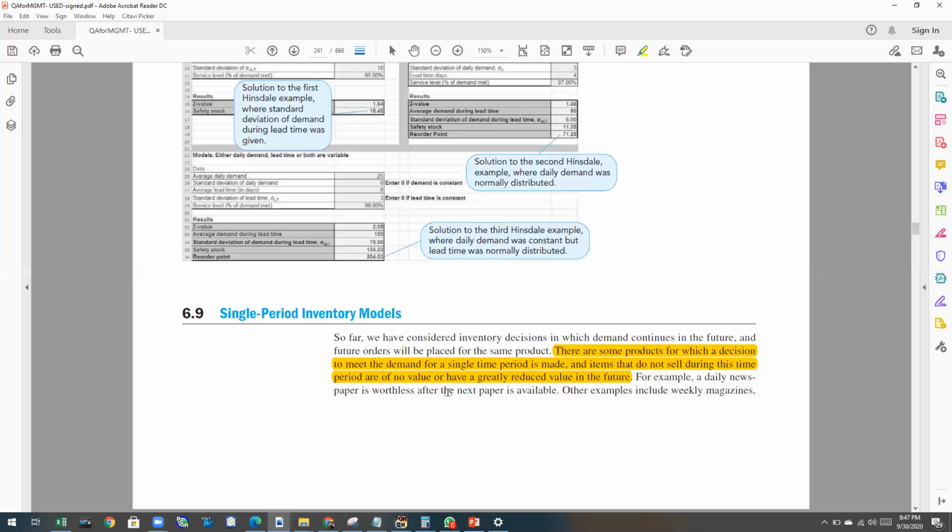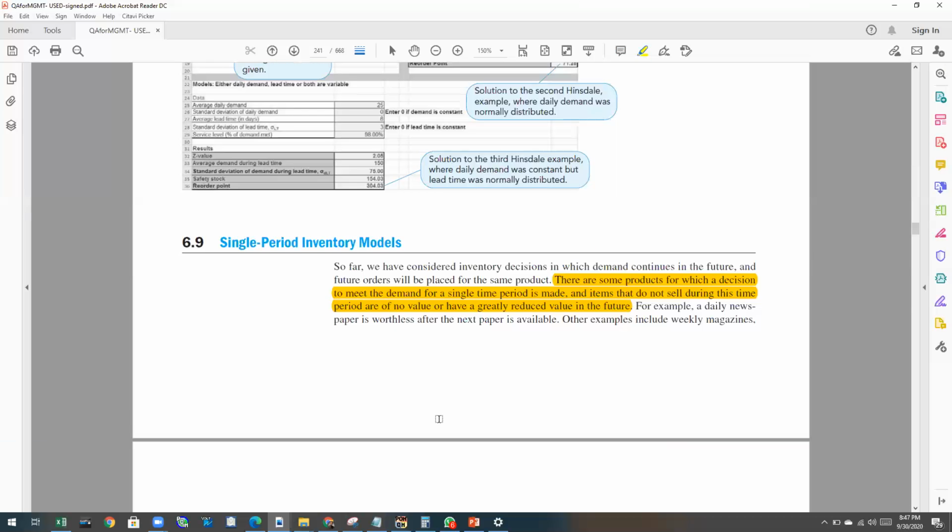Or, for example, certain kinds of food that are made: once it has passed a certain time, it expires, and the market for that specific unit produced is done. We call this the single period inventory model.